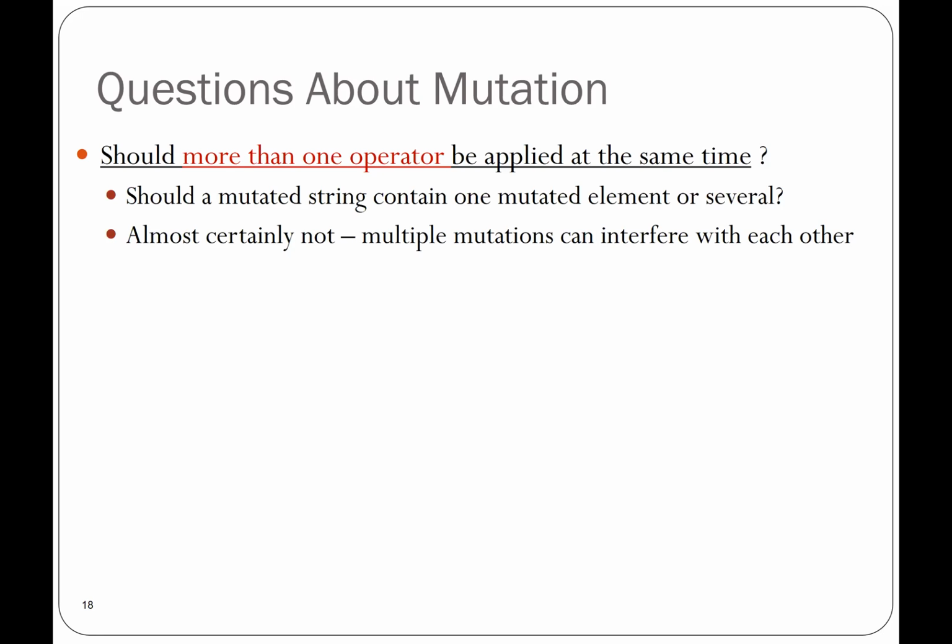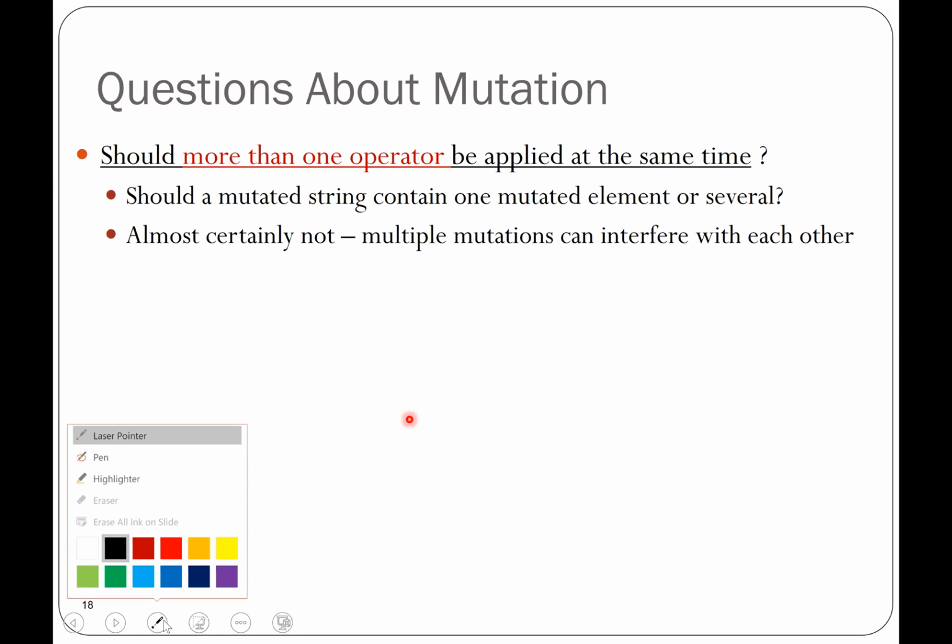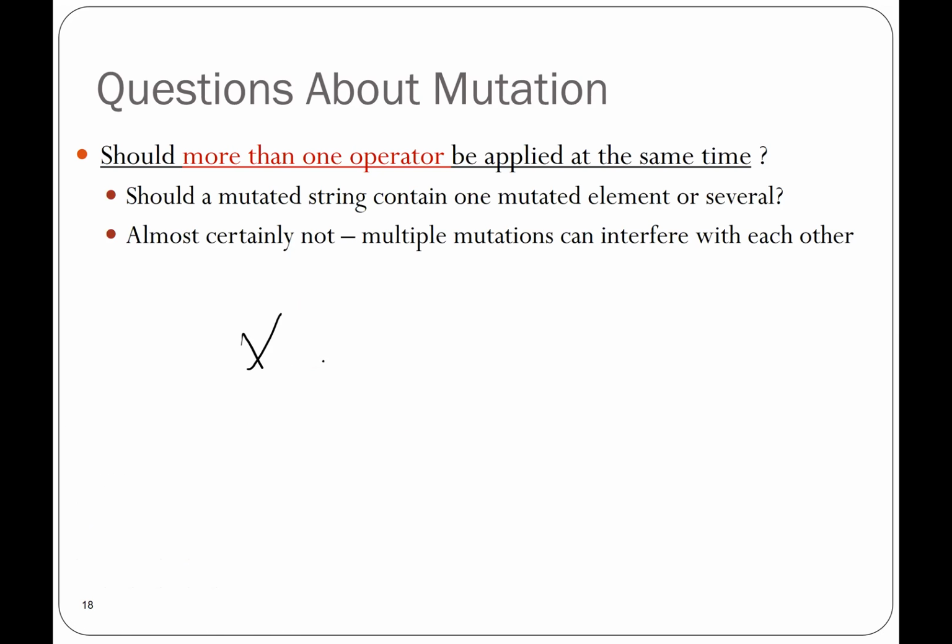For example, you have x equals 5. Okay, and then one mutation operator comes and says -1, another mutation operator comes in and says +1. Well, we've done nothing. So they cancel each other out. Despite actually applying two different operators, they end up canceling each other out.